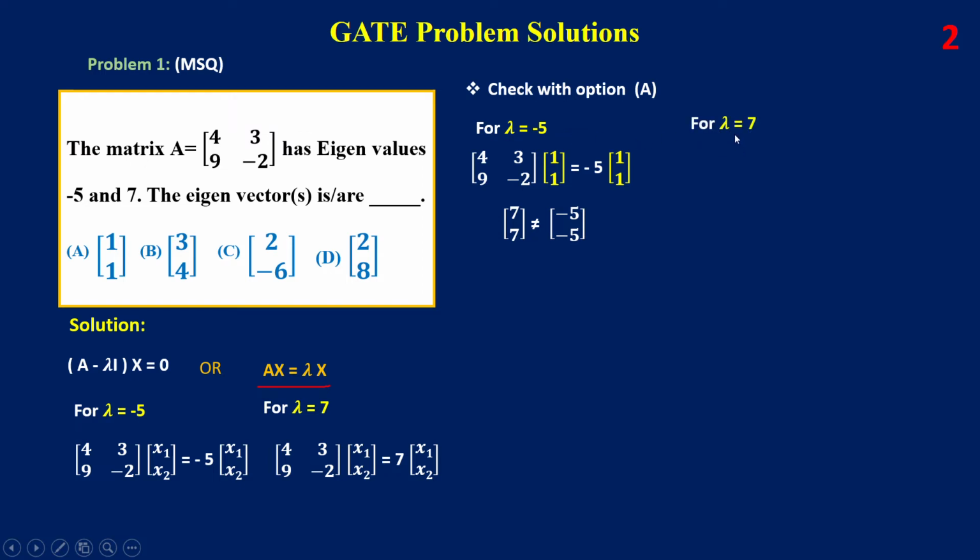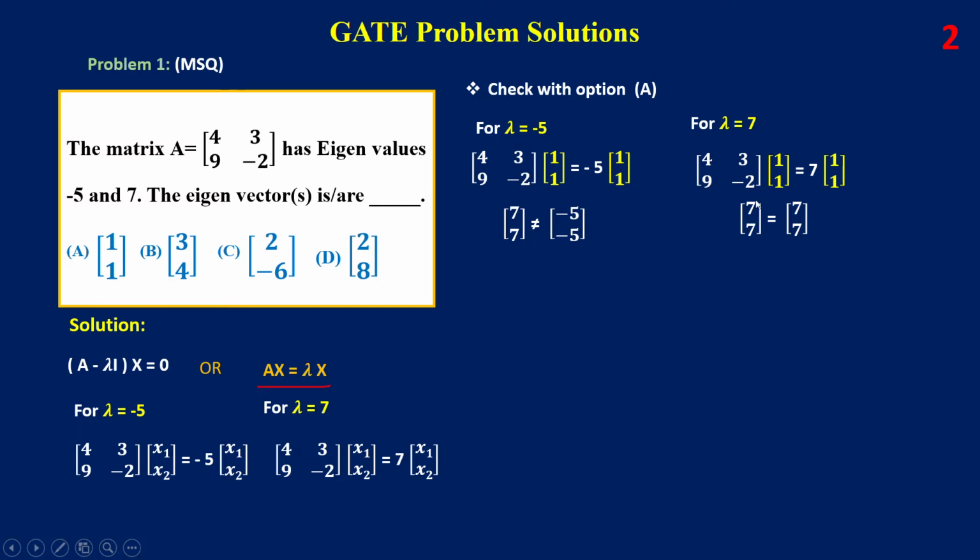Let me check the other eigenvalue, lambda equal to 7, for the option A eigenvector. The matrix 4, 3, 9, -2 times 1, 1 equals 7 times 1, 1. 4 into 1 plus 3 into 1 is 7, and 9 into 1 minus 2 is 7 on the left hand side. On the right hand side, 7 into 1, 7 into 1, that is 7, 7.